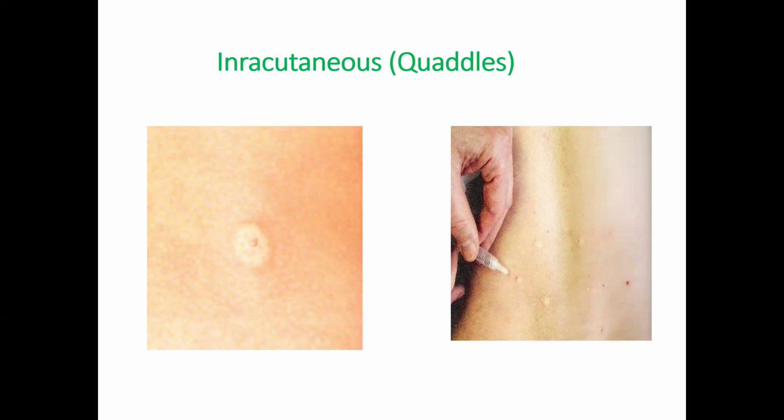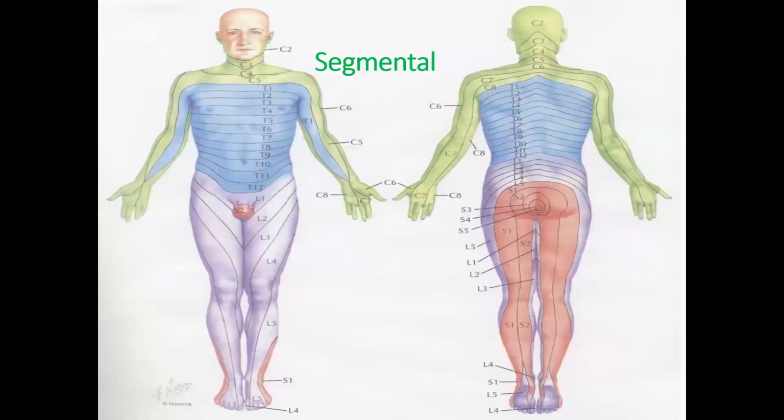We inject in the layer between the epidermis and the dermis, creating what we call blebs, or quaddles in German. Of course, you have to put these in a segmental pattern to achieve the results you're looking for.